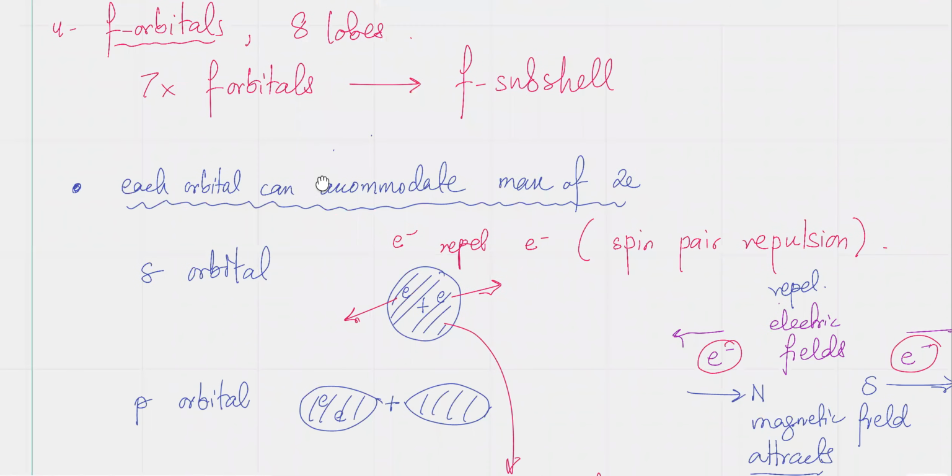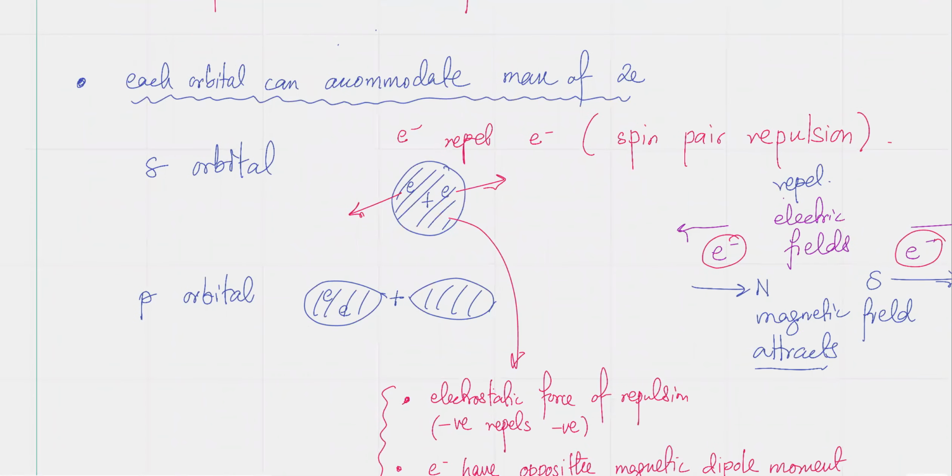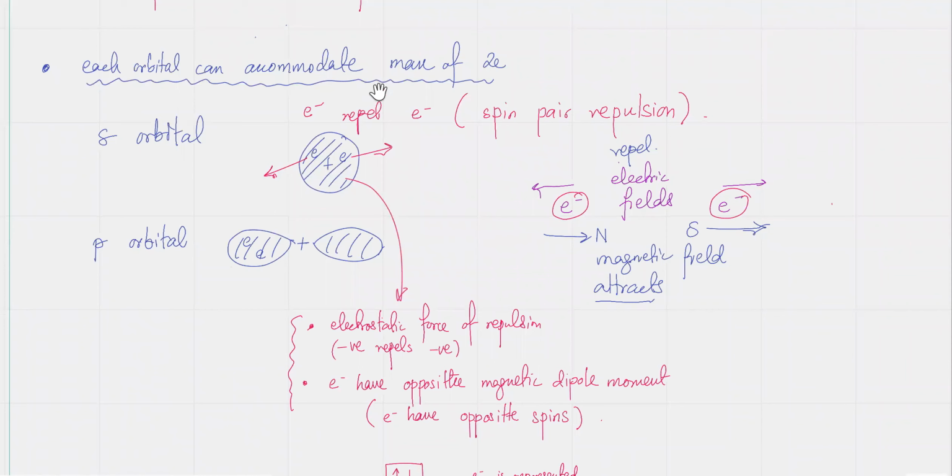So this is something that we did, and then we discussed the fact that every orbital can accommodate a maximum of 2 electrons. You can't have more than 2 electrons in a particular orbital. The 2 electrons repel each other, so technically they should not be in that orbital.